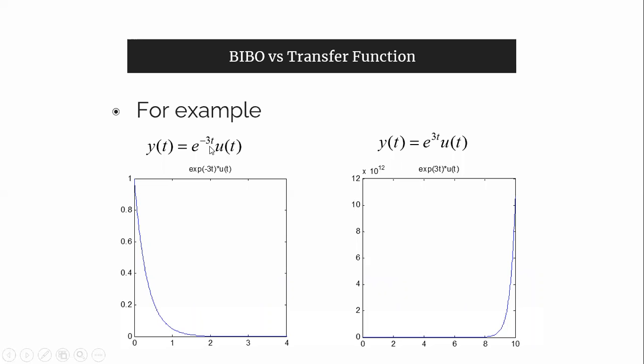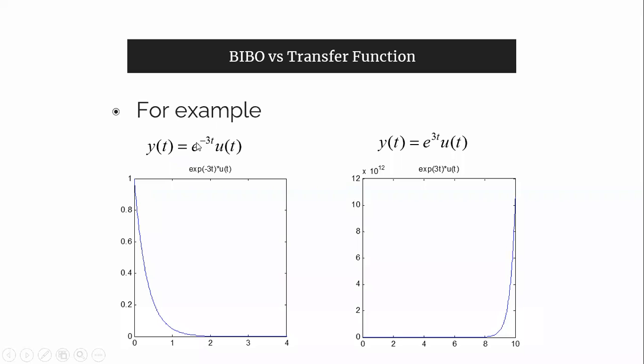So one time s was plus 3 and one time s was minus 3. If we consider this with the help of the Laplace transform, y of t is equal to e raised to the power minus 3t and e raised to the power plus 3t, along with your input u of t, and this is the output.